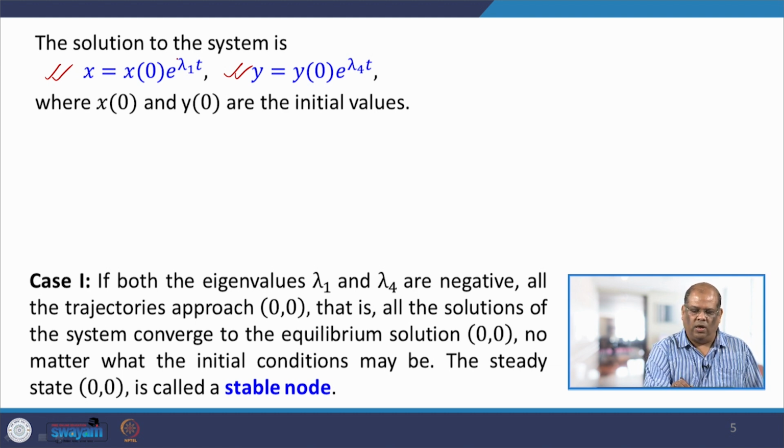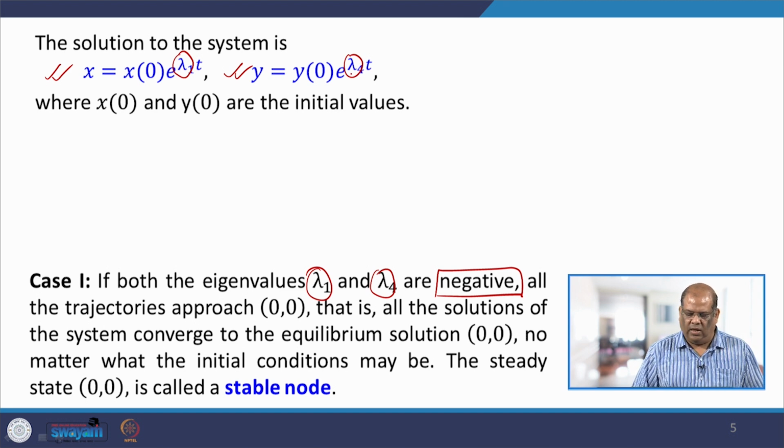Now, if both these eigenvalues, lambda 1 and lambda 4, are negative, then what happens? Then you get e to the power minus lambda 1 t and e to the power minus lambda 4 t. So, as time becomes large, this trajectory will approach (0, 0) and converge to the equilibrium solution (0, 0), no matter what the initial condition is.